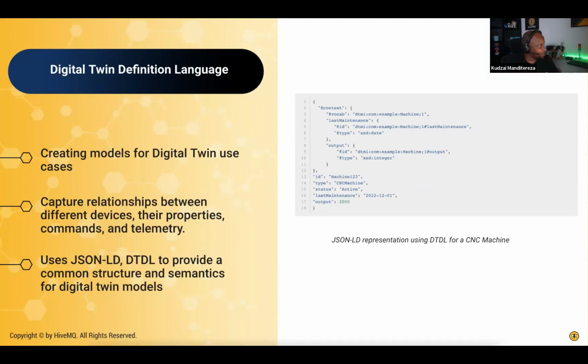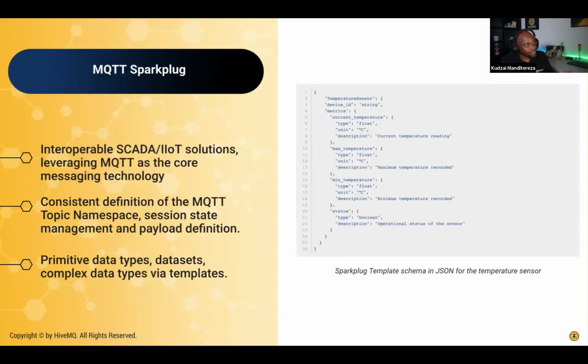And you've also got MQTT Sparkplug. MQTT Sparkplug, for those of you who are not familiar with it, is really a specification that is built on top of MQTT. As you may know, flat MQTT is really like an open book, so to speak, whereby whenever you're publishing into a topic, you get to decide how you represent that topic.